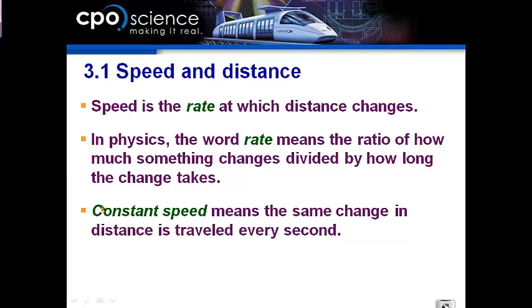If something is going at a constant speed, that means that object is traveling the same amount of distance in the same amount of time. It's not speeding up. It's not slowing down. Basically, guys, constant speed you can think of as going the same speed all the time. It goes the same speed all the way through.